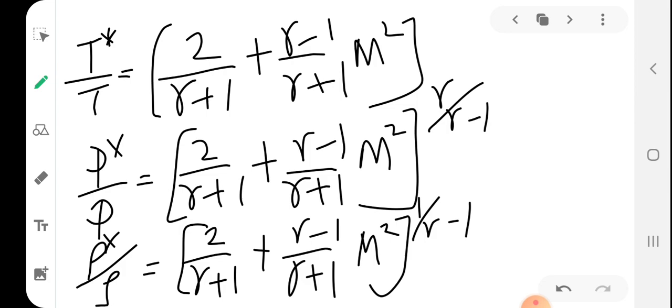Students, one more ratio, A by A star, we have also found. All the star terms are nothing but the properties in the critical state, or the throat condition, the minimum area.